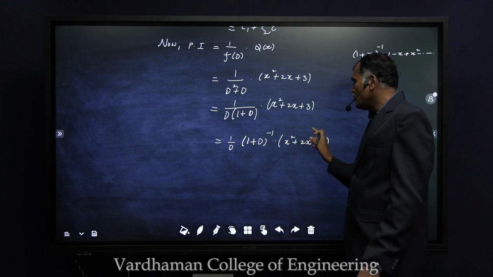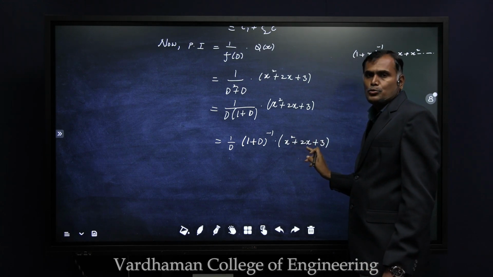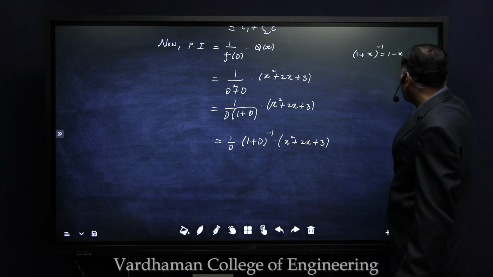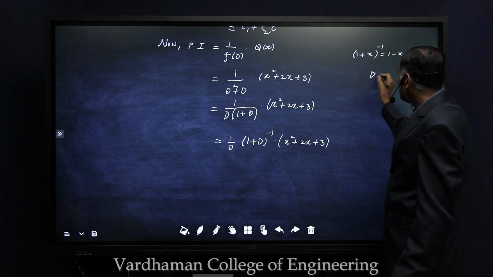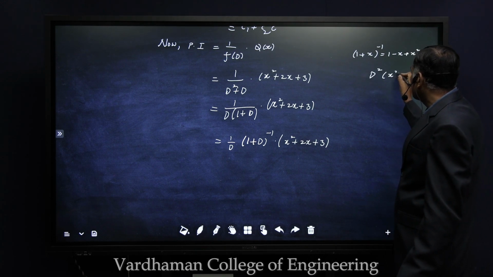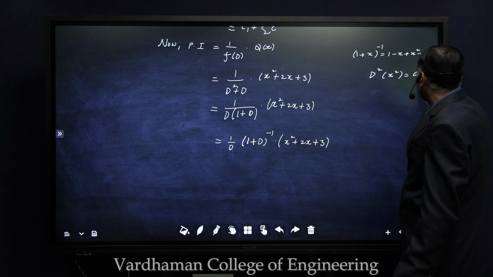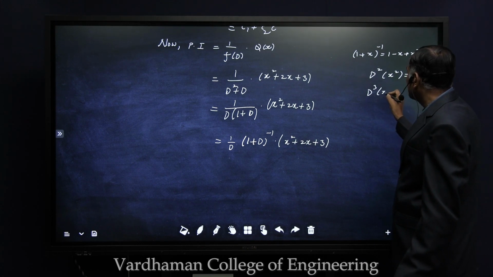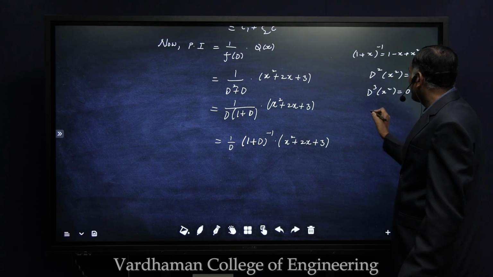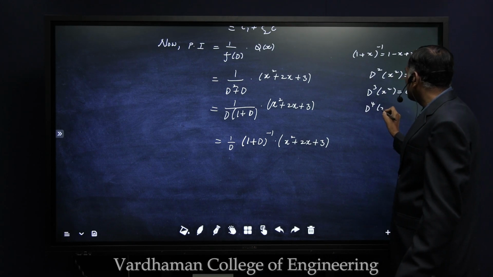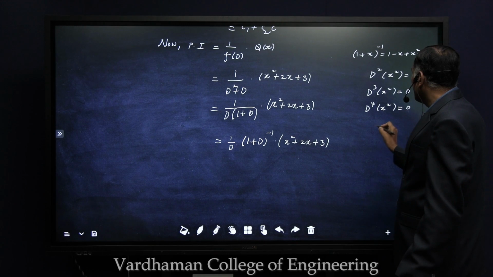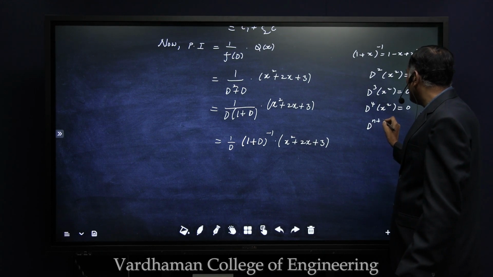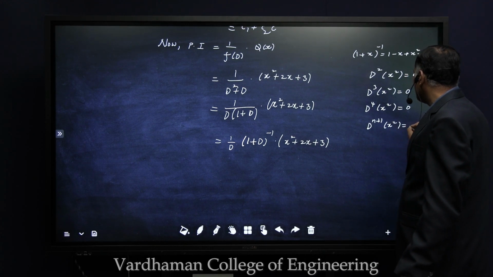Now clearly here Q is a polynomial of degree 2. So if you write the formula up to second degree term, that is enough, because D square of x square gives a constant, D cube of x square is always 0, D power 4 of x square is always 0, and D power n plus 1 of x square is always 0.